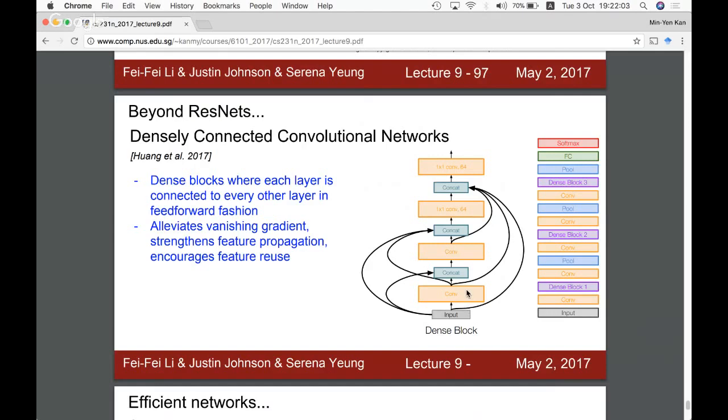You have the input, and after you do the convolution, you concatenate the input with the convolved output before you send it off to the next convolution. So even at the deeper layers, you're using all the lower and mid-level features, I think.